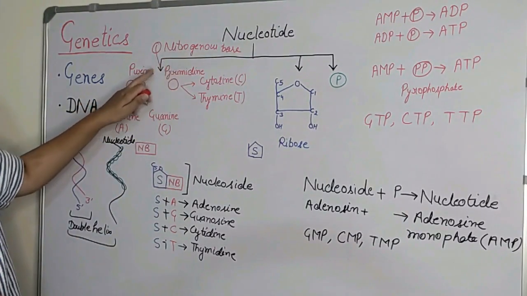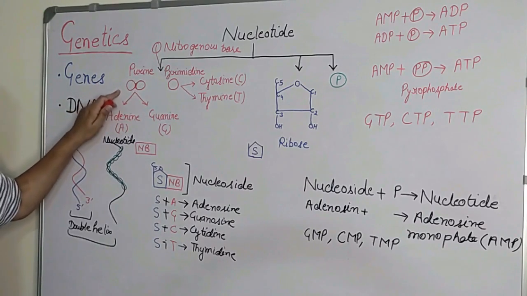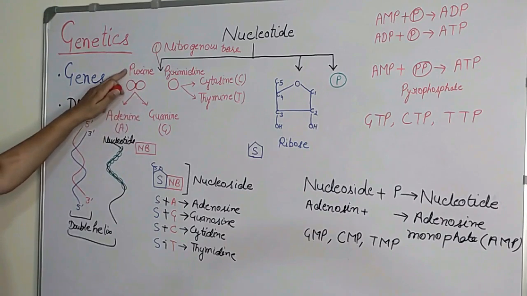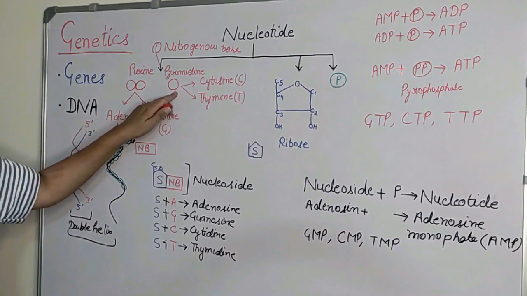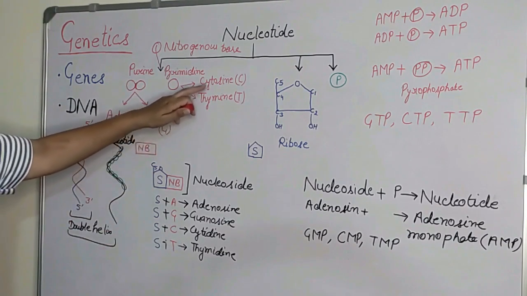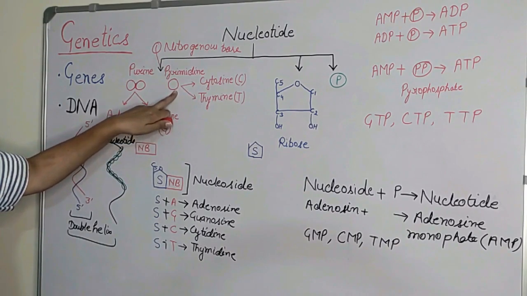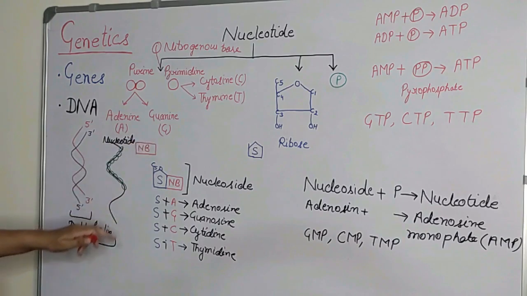So these nitrogenous bases can be of two types. They can be present either in the form of a double ring structure, when these are known as the purines, or in the form of a single ring structure, when these are known as the pyrimidines. Cytosine and thymine are the two examples of the single ring structure or pyrimidine. Adenine and guanine are the purines present inside the DNA molecule.